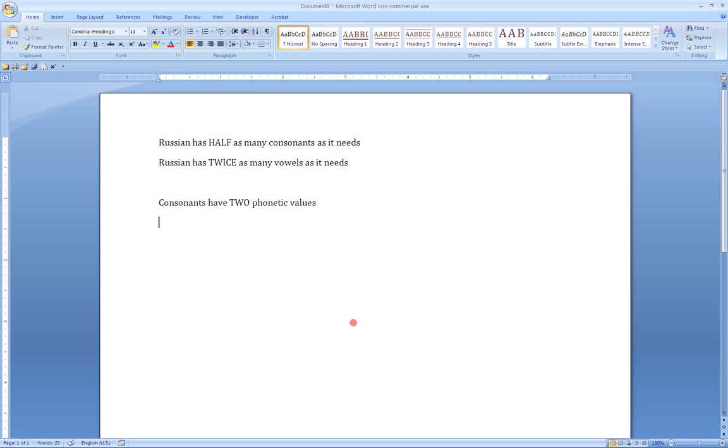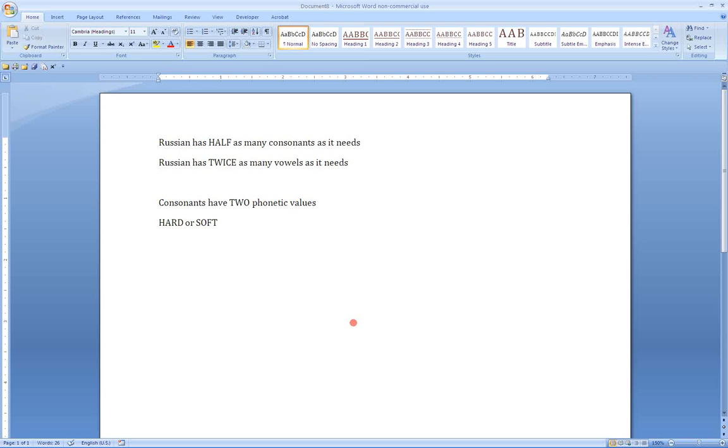And without even speaking about what is the actual phonetic difference between hard and soft, I'll throw out there that all consonants are either hard or soft in Russian. And you have to know how to read some clues that involve the vowels in Russian in order to know whether or not a consonant is pronounced hard or soft.